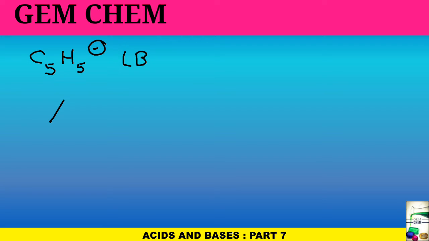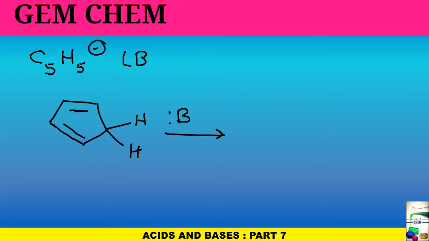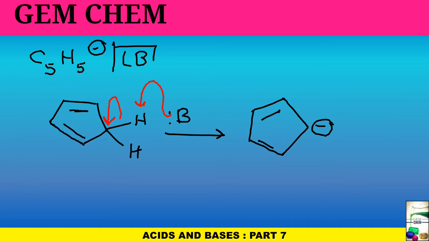Its formation can be done if we take C5H6, which has 2 protons. On adding any kind of base, this base will try to abstract one of the protons and the electron density will remain here. So ultimately what we get is C5H5 minus, and this is a Lewis base.